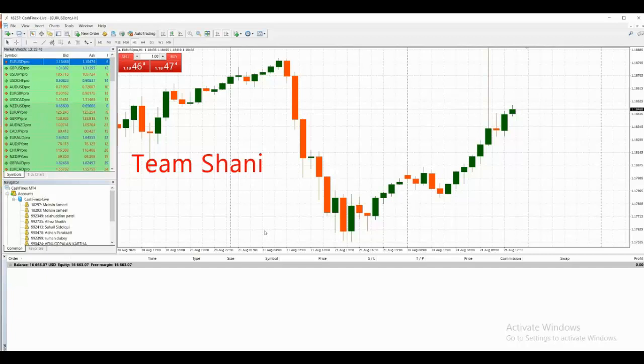So the hour chart gives you a full summary of what happened in the last hour in euro dollar, what trend it was following, what rhythm it was following, where the market was going, and then based on that they understand what will happen in the next hour and decide how they trade, right?